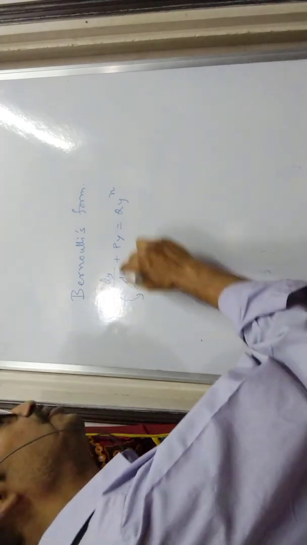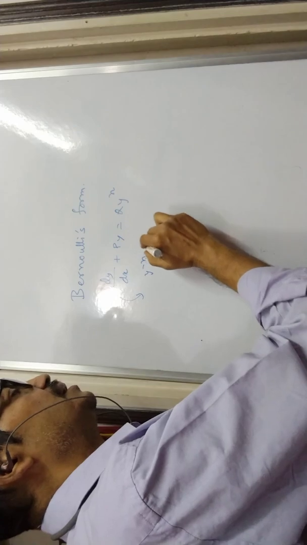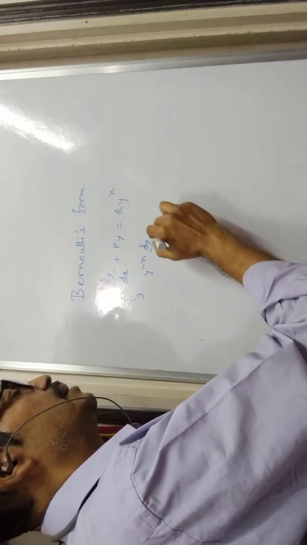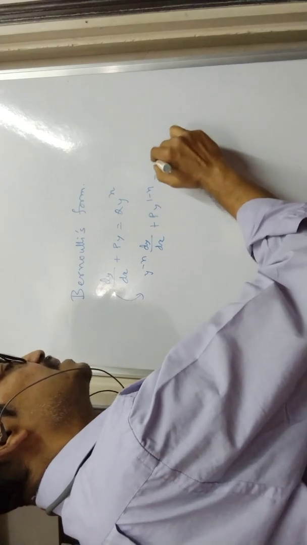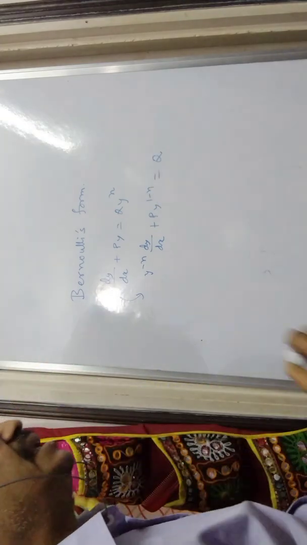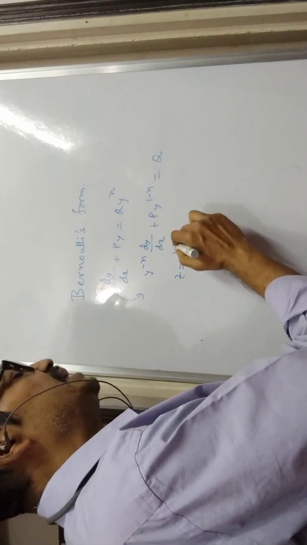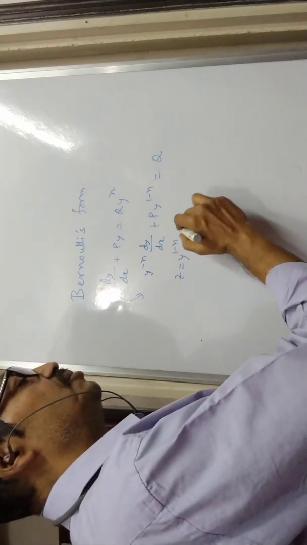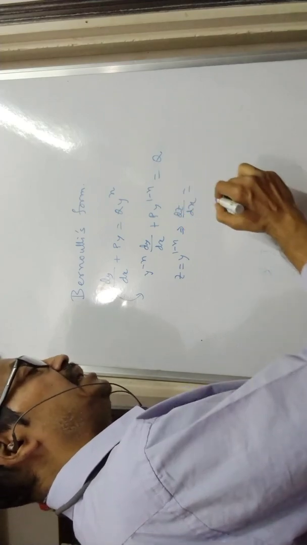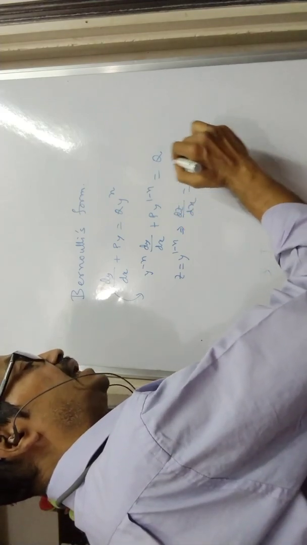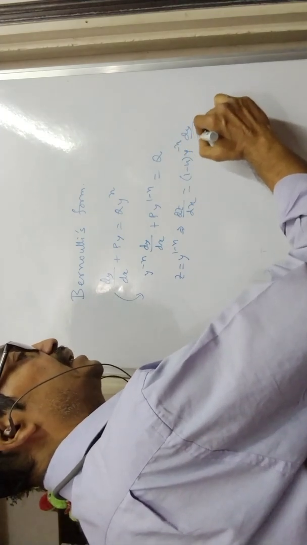How? If we divide by y to the power n, the left hand side becomes this, and then if you replace y to the power 1 minus n by z, we can easily get that dz dx is nothing but 1 minus n y to the power minus n dy dx.